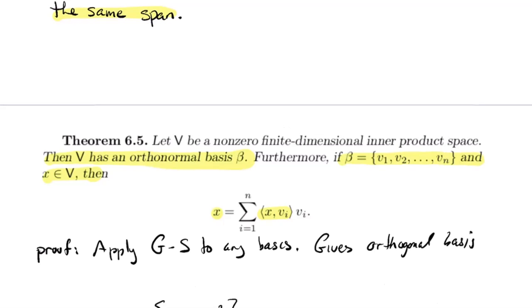And then replace every element of that orthogonal basis with a unit vector with the same direction. So then normalize. That gives an orthonormal basis. Squeezing this in because I don't have much room. The last statement of the theorem follows from corollary 1 up above.